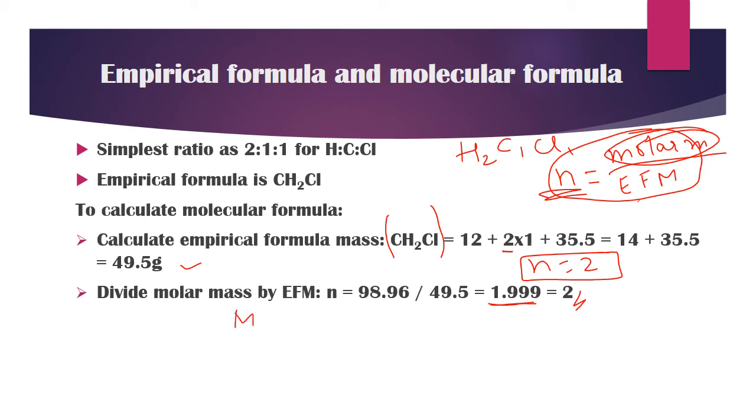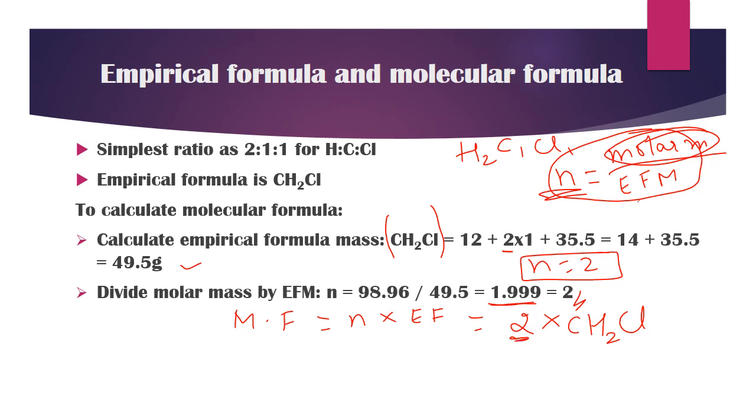Now we need to find out the molecular formula. We have the value of N and we know the empirical formula. So that will be 2 into CH2Cl. Now one thing you need to remember here is it is not like balancing equations where a suitable number is taken and all the coefficients are multiplied to get the balanced equation.